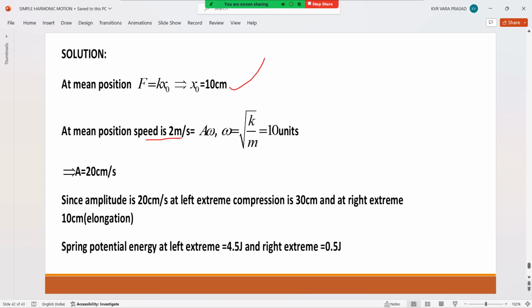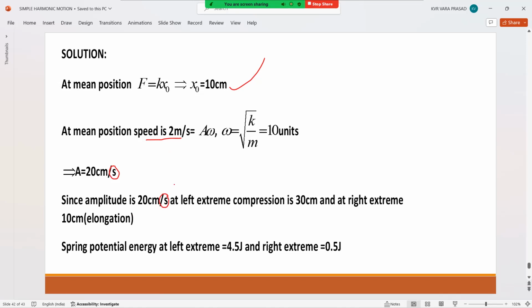At mean position speed means it is maximum speed, which is equal to A omega, and omega value is root of k by m. K value 100 and mass is 1 kg. Okay, so it is now 10 units. So from this we got amplitude is 20 centimeter. Okay, not meter per second. It is 20 centimeter, that is amplitude. And here also I have to make correction, 20 centimeter.